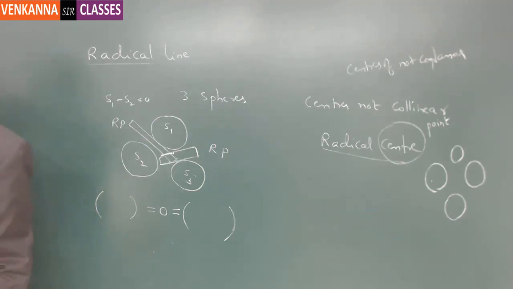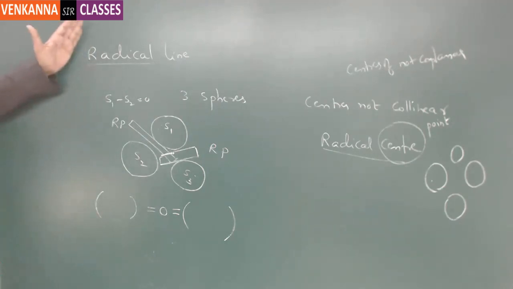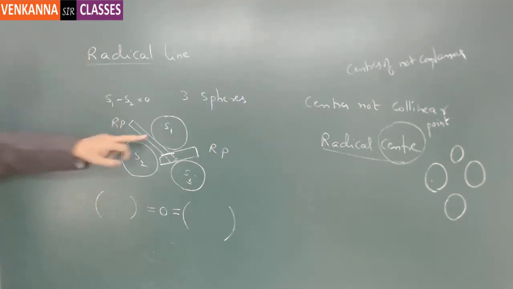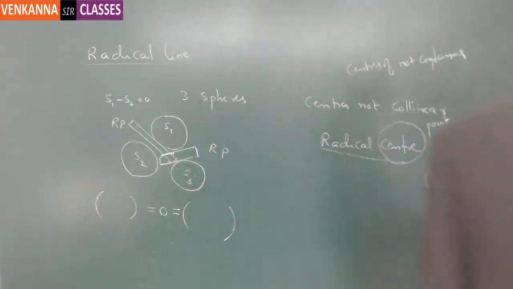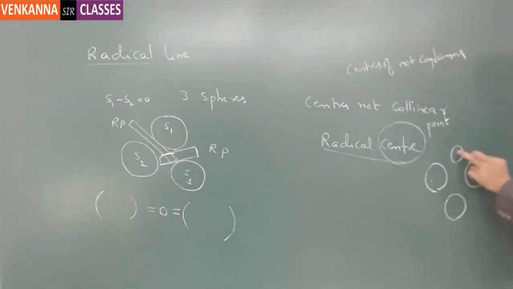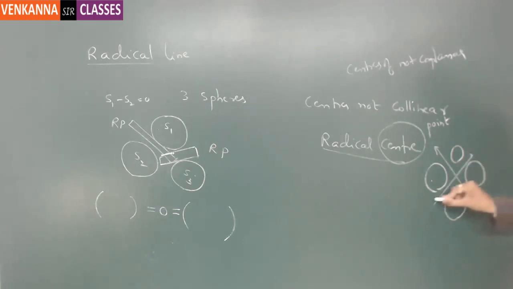Now, as we know, to calculate the radical line, we require three spheres. So if you take the first three spheres as a set, you will get a line here. Similarly, if you take these three as a set, you will get another line.